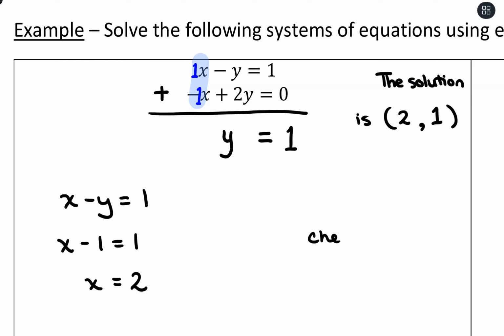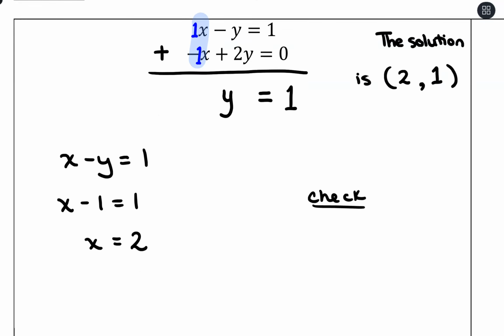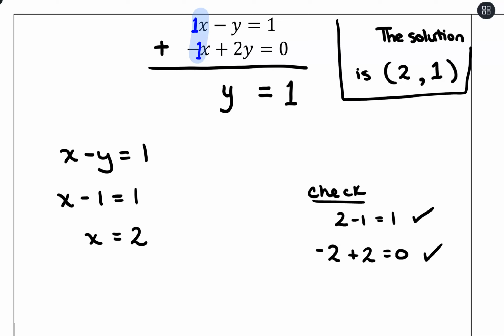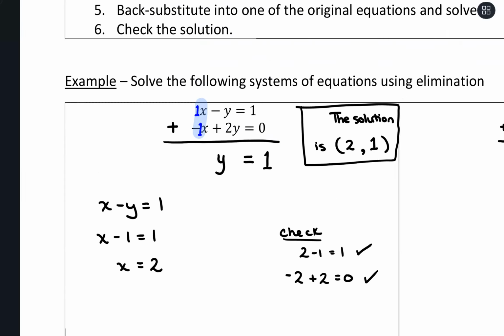And then we could just do a quick check that it in fact works. So let's see, we'd have 2 minus 1 is equal to 1. Yep, -2 plus 2 times 1 is equal to 0. True. So that works, and we have our solution there.